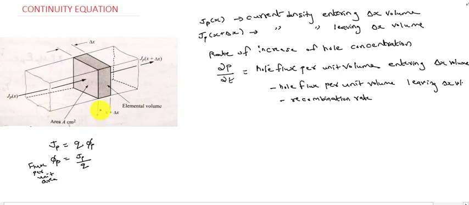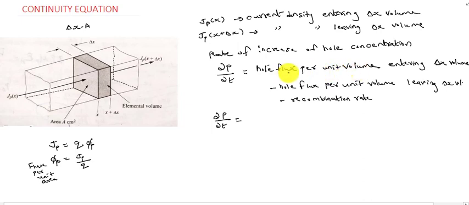Here we are considering a unit volume, that is delta x times A. This is the volume element, and here the area is unity, so we are considering it as the delta x volume. So phi p is Jp by q, and this is the same as dou p by dou t. So we can write dou p by dou t equal to the flux per unit volume entering the delta x volume.